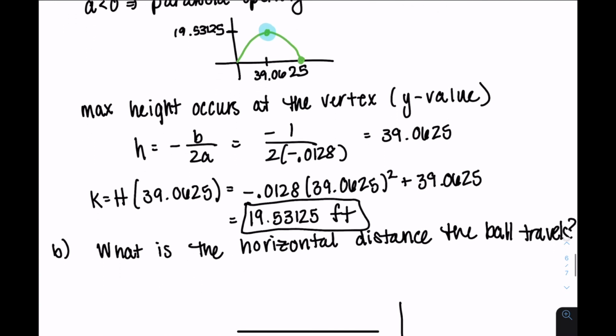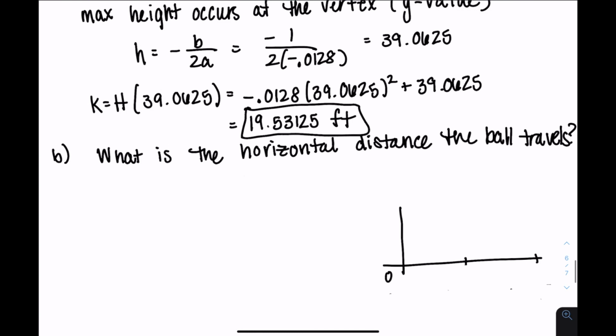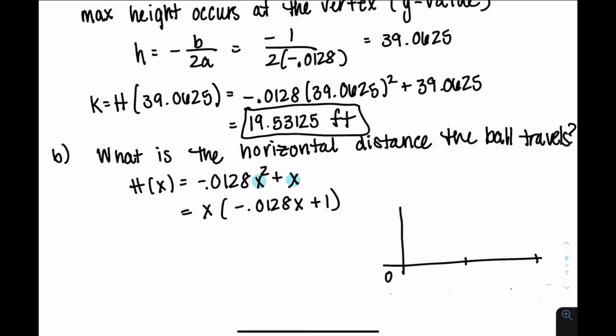So now let's figure out the horizontal distance the ball travels. If you think about this function, both terms have an x in it, so you can factor that out. What we actually want to see is when the ball starts on the ground and when the ball ends on the ground. So I need to figure out what those x-intercepts are.